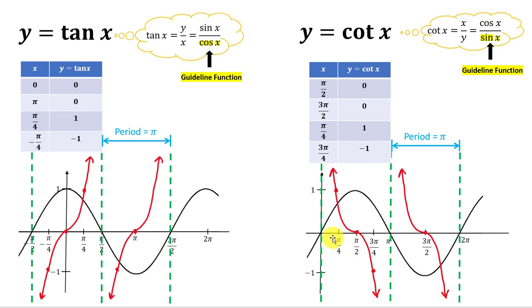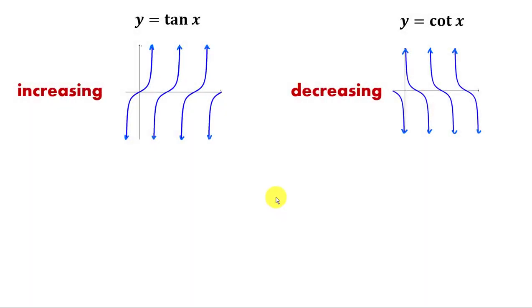Or you can always find points halfway between the midpoint and each asymptote, and plug them into the given function to find two additional points. Now, what we just said about the direction of the tangent and cotangent graphs is shown here. Tangent is increasing, cotangent has decreasing branches.